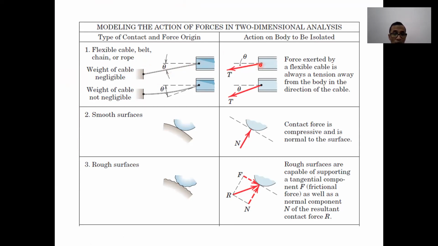It's supposed to be tension at the beam, and the direction is the same as the direction of the cable. It's always tension.